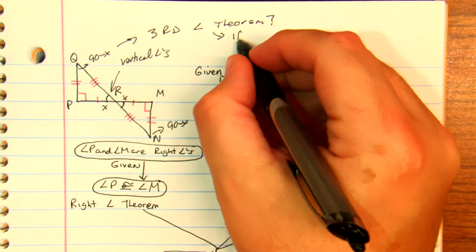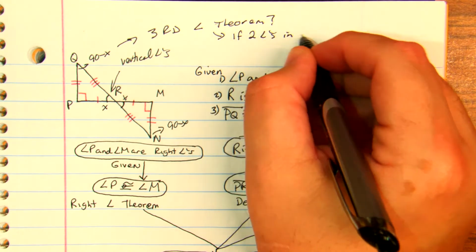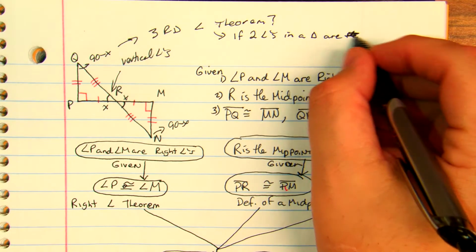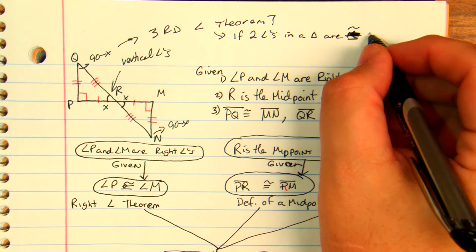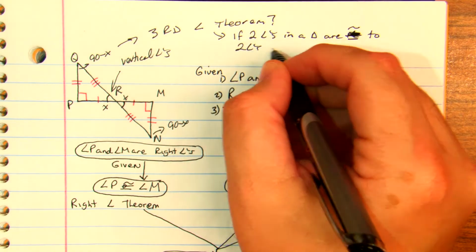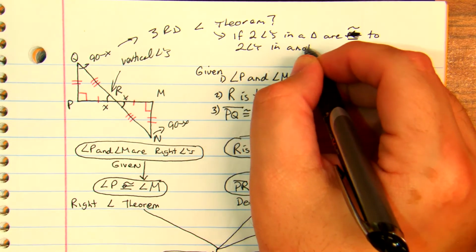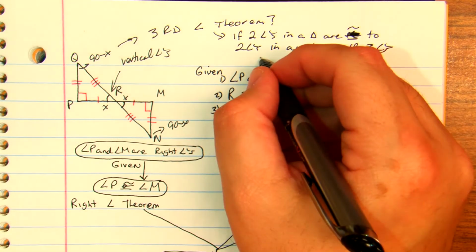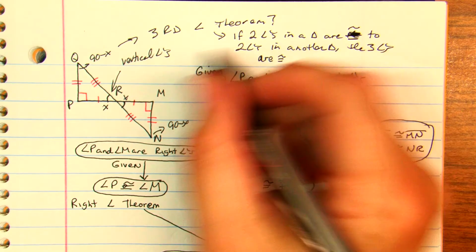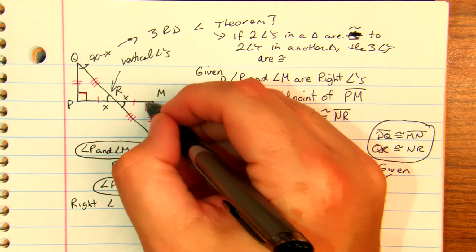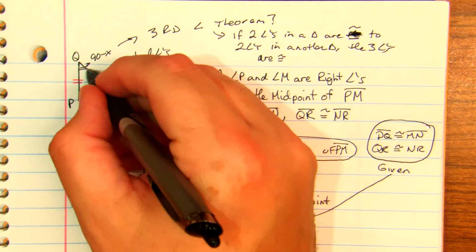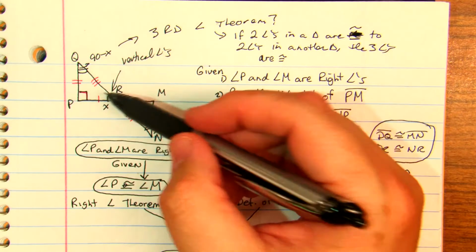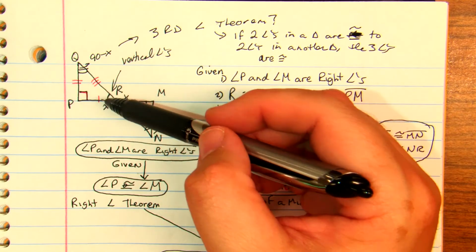If two angles in a triangle are congruent to two angles in another triangle, the third angles have to be congruent. So, right angle, those are congruent. These guys are congruent. These guys have to be congruent. So you could have said that just from there that I proved that all three sides are congruent and all three angles are congruent. And you could have gone that way.